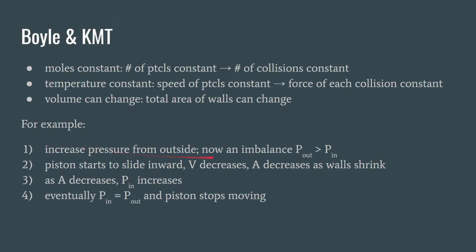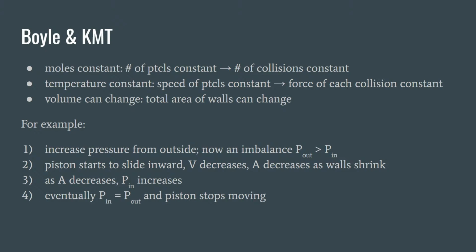So when we increase pressure from the outside, we're creating an imbalance. The pressure outside is greater than the pressure inside. So the piston starts to slide downward, meaning that our volume is decreasing. And as walls disappear behind the piston, the area inside the container is decreasing.